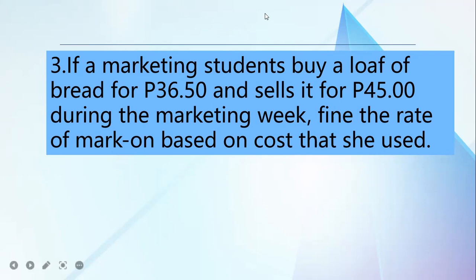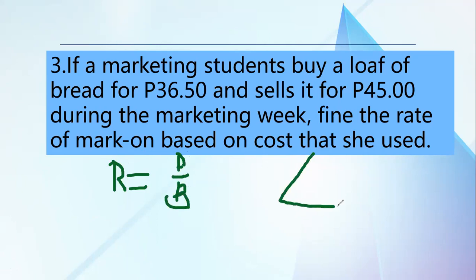Remember, the formula for finding the rate: rate is equal to P over B, according to our triangle. So this is P, R, B, the rate, percentage, base triangle. So here, the rate of mark-on is the unknown.